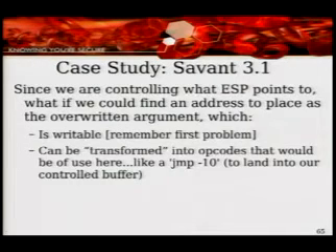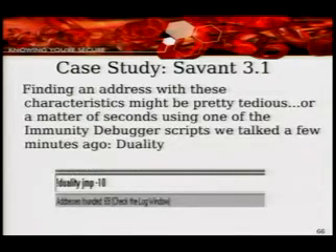Since we are controlling what ESP points to, what if we could find an address to place as the overwriting argument, which first of all needs to be writable because of the first problem, and second, can be transformed into opcodes that would be of use here, like, let's say, a jump back to land into our controlled buffer. But finding an address with these characteristics might be pretty tedious and pretty hard.